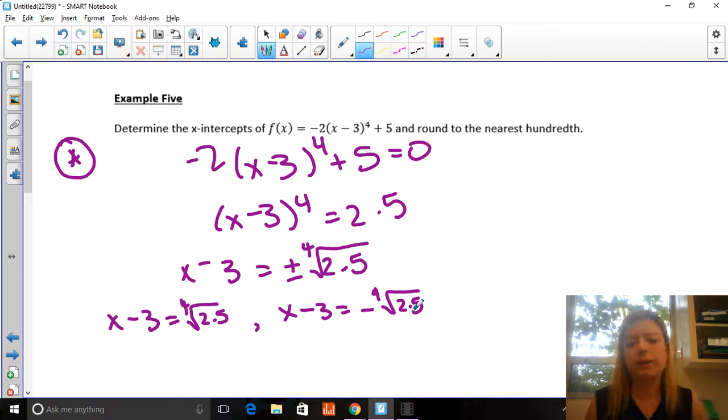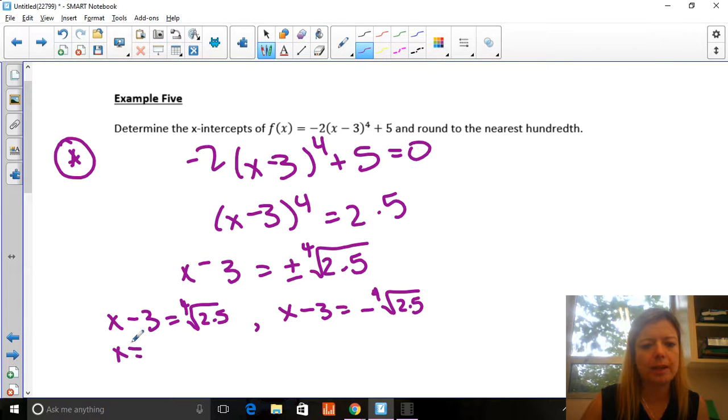So I actually have to do this in my calculator, horror of horrors. So I just go 2.5 to the power 1/4, which does the same thing as the 4th root. And then I'm adding 3 to that. So here, I get x approximately equals 4.257.